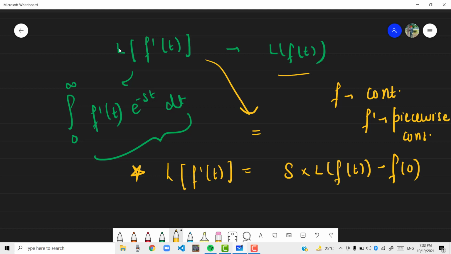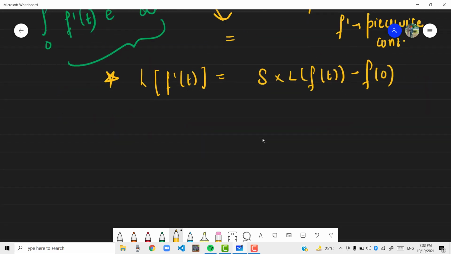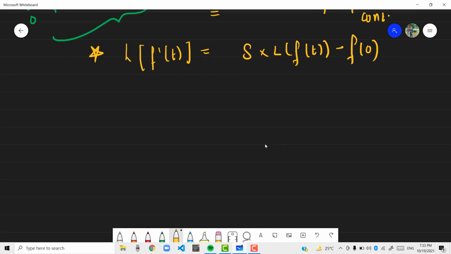So this is the formula you can use to calculate the Laplace transform of a derivative.